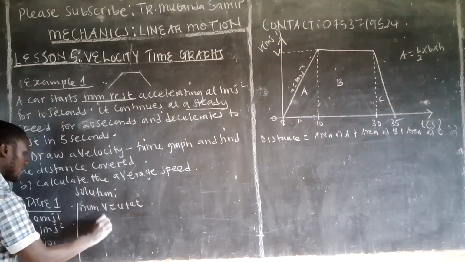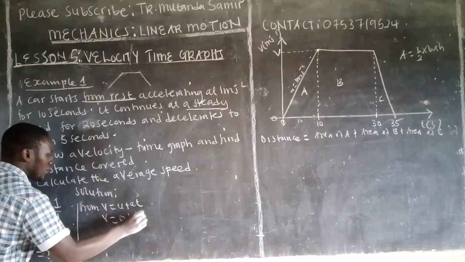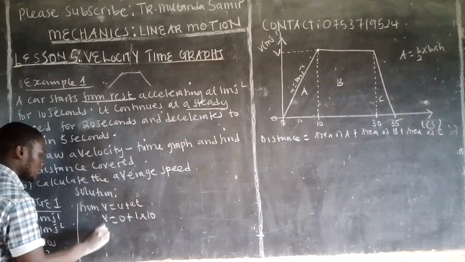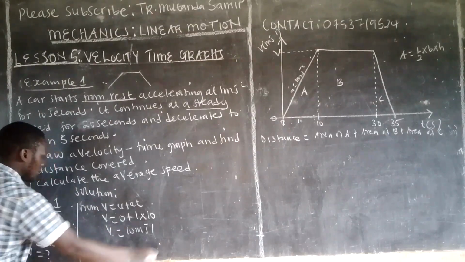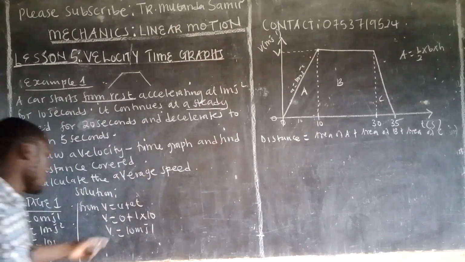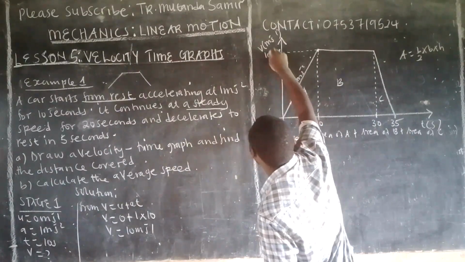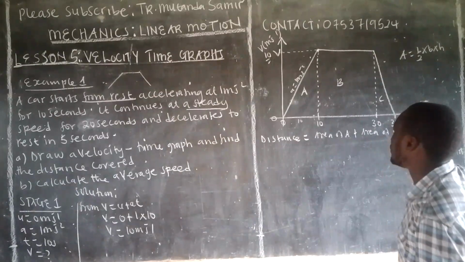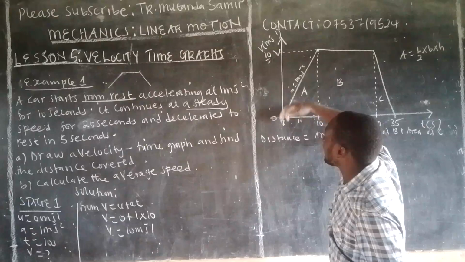So V, the final velocity, is equal to 0 plus 1 times 10. So V is equal to 10 meters per second. Please, the first stage gives you the V. So our V is 10 in simple terms. Allow me to put it as 10 there. Okay, good. Now, the height from here up to there is 10.